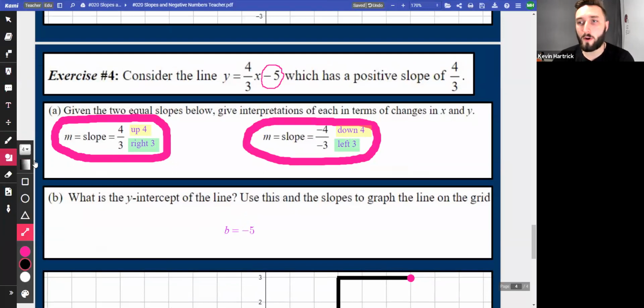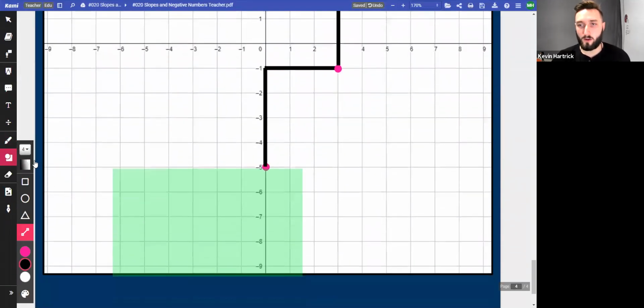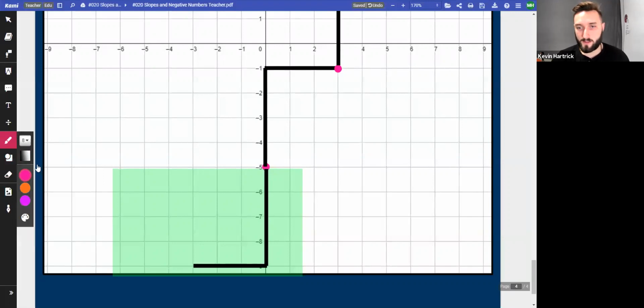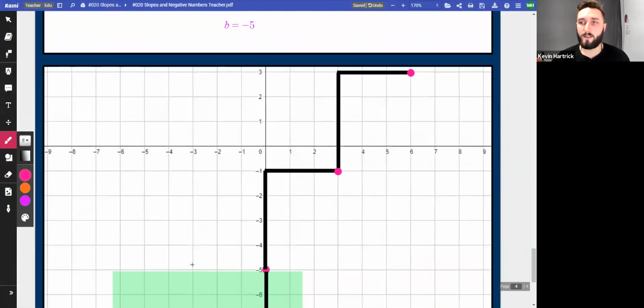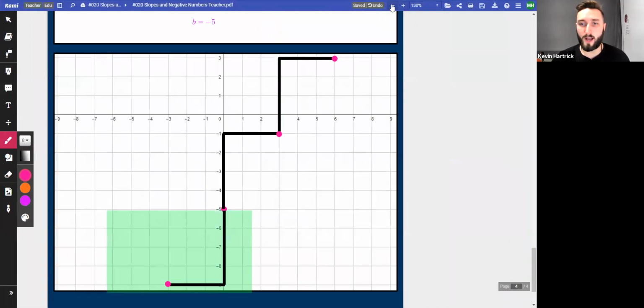So instead of going up 4, I'm now going down 4. Instead of going right 3, now I'm going left 3. So I'm going back to my y-intercept, down 4, and left 3. And I've just found the last point that will fit on this graph for this line. Okay.